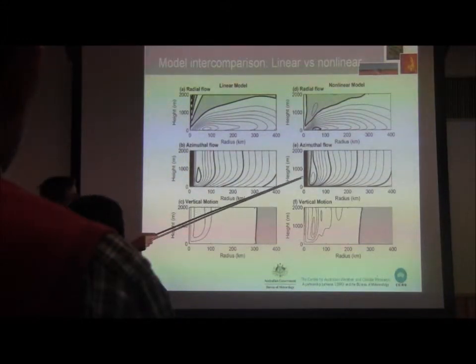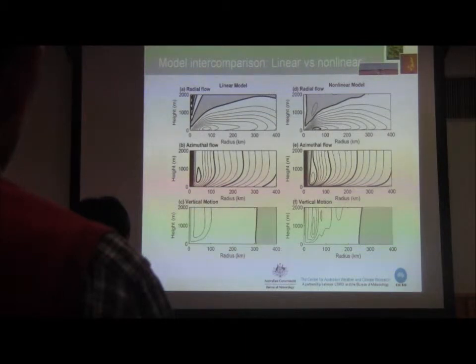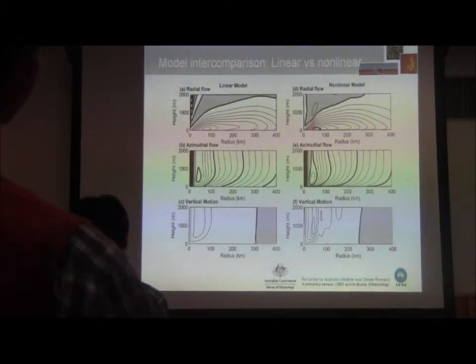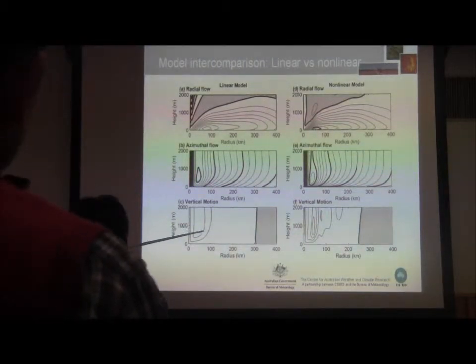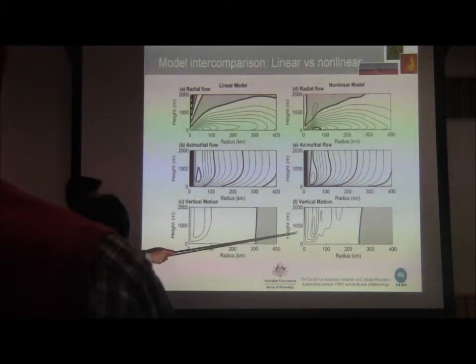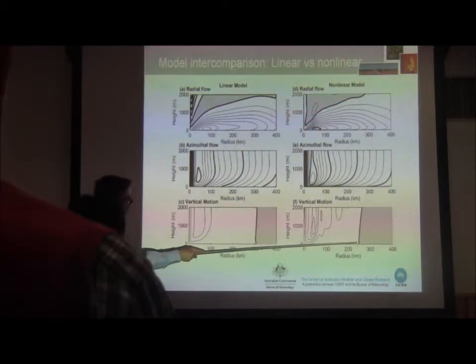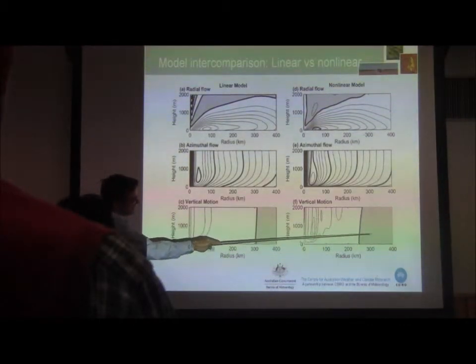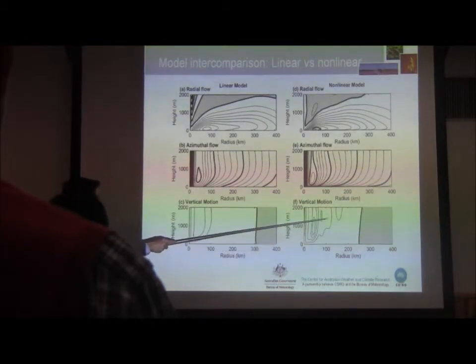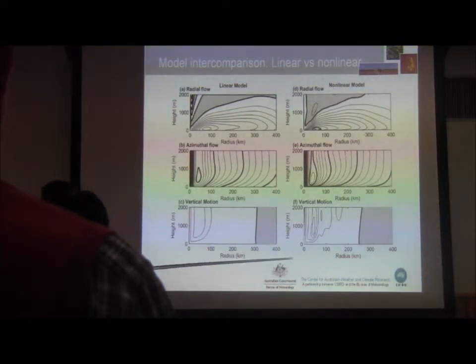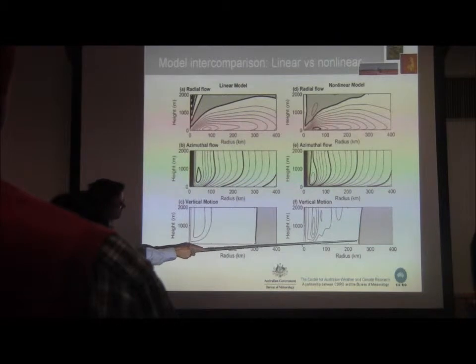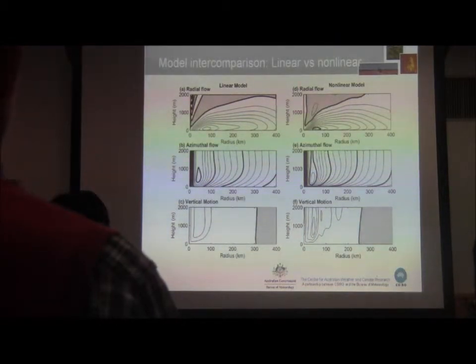We've got the wind maximum, which is less supergradient. The reason it's less supergradient is that we've removed vertical advection in the linearisation. The updraft tends to be a bit broader than in the non-linear model. But even things like the transition from frictional descent to frictional ascent are present in both models, at somewhat similar radii.